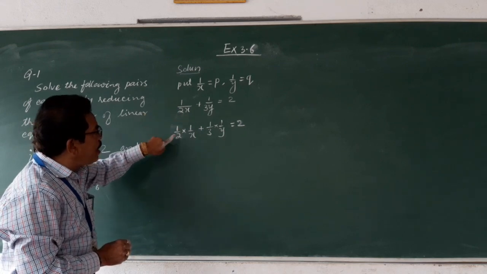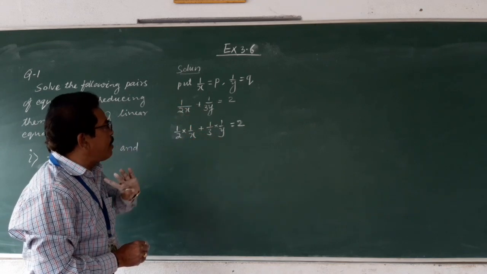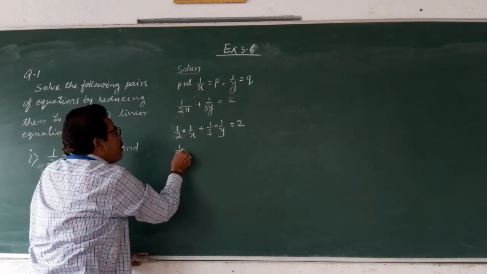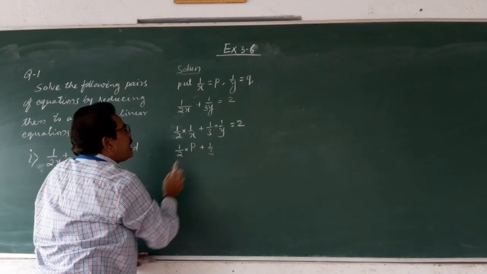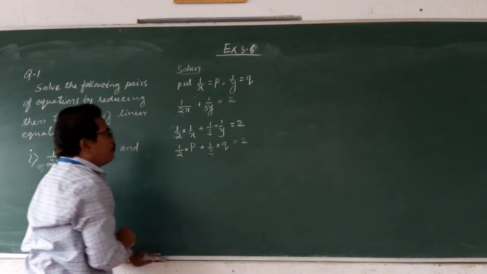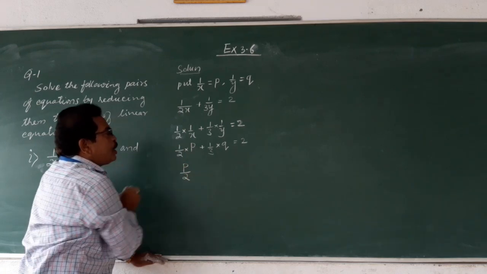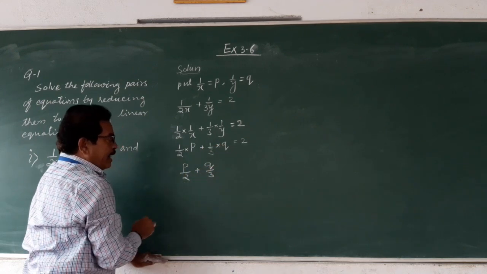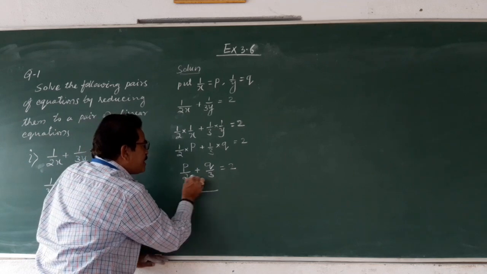Since 1 by x equals p and 1 by y equals q, we get p by 2 plus q by 3 equals 2. Now the LCM of these two is 6.